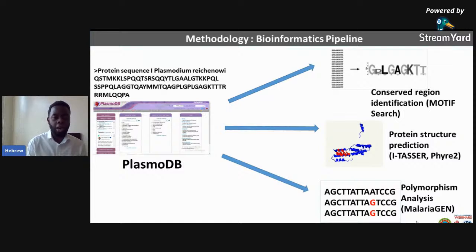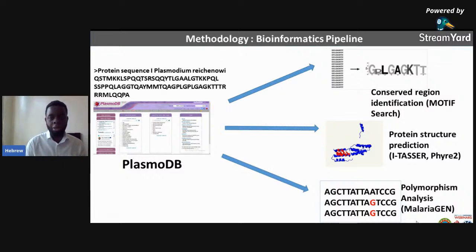It gives the gene ID, and you can access the chromosome number, the exon and intron numbers, length of the protein sequence, DNA sequence, and other details such as polymorphism, though at a less detailed level, because it is mainly used to retrieve sequences.